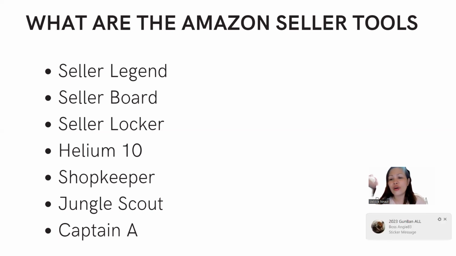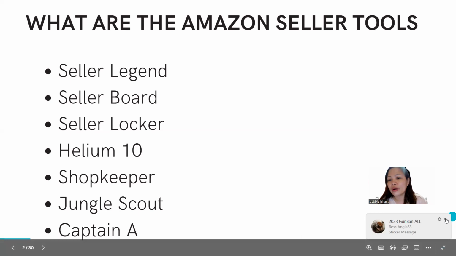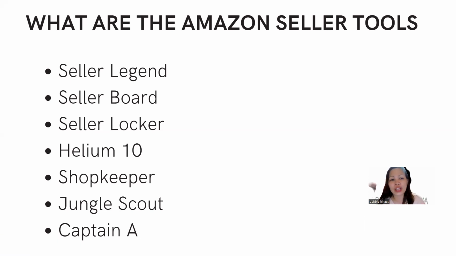The Captain A focuses on about the customer reviews, the product reviews. So each of them has specifications, meron talaga silang tinatawag na favorite aspect or favorite tool specifically for that kind of area in the Amazon seller account.